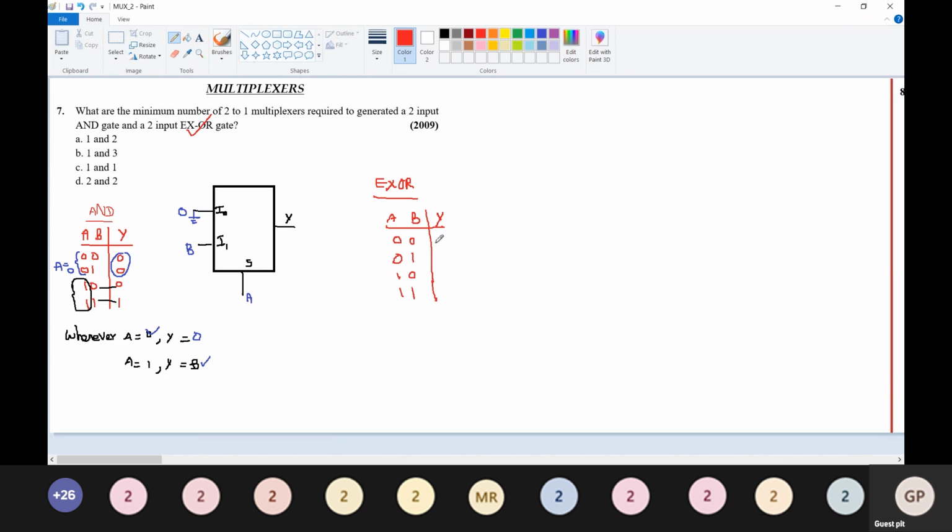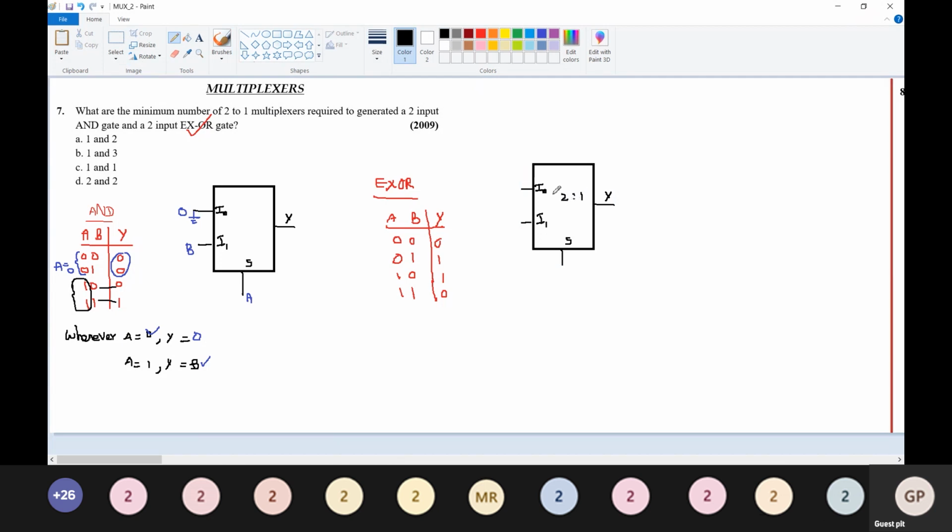The truth table of XOR outputs is 0, 1, 1, 0. Similarly, we take a 2:1 multiplexer.